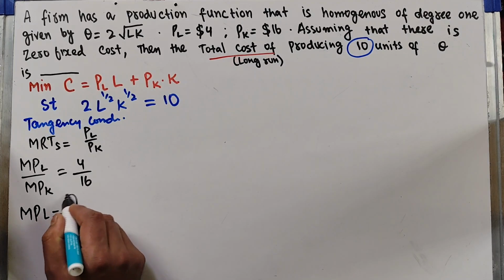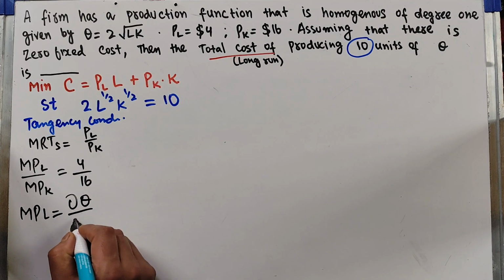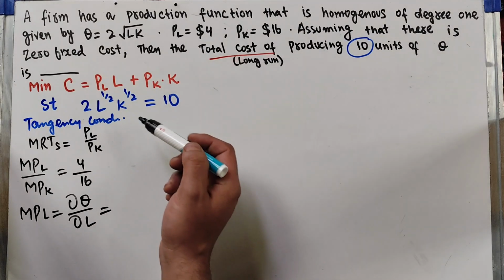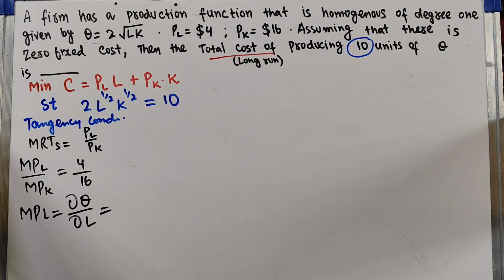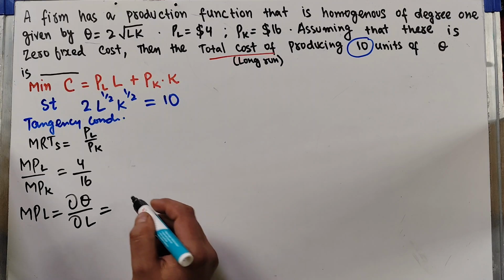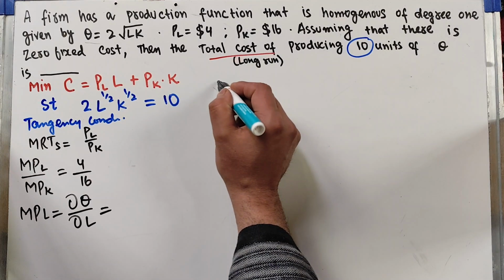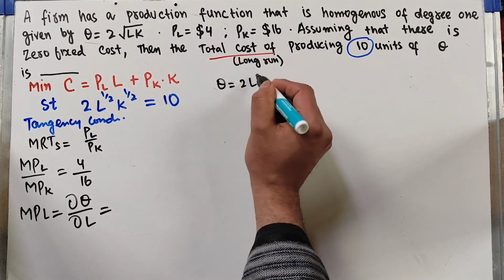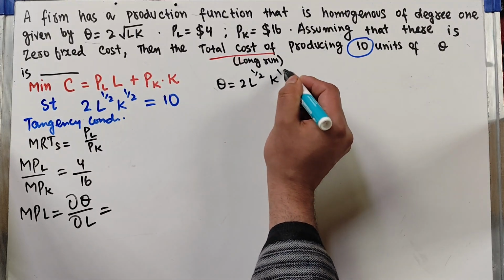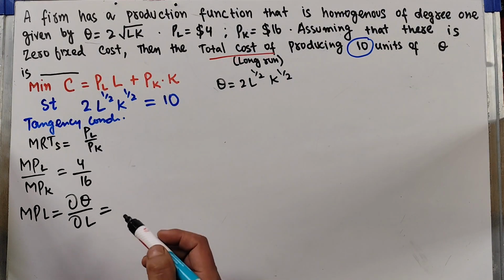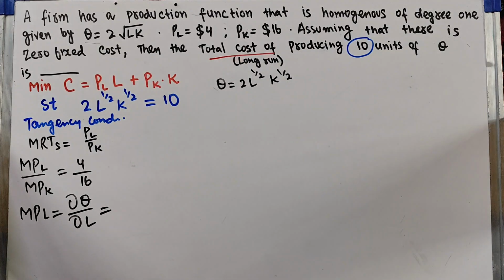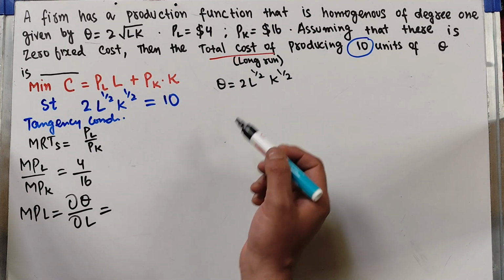MPL is simply the partial derivative of the production function with respect to labor. Given this production function, we can rewrite it as Q equals 2 L to the power 1 upon 2 K to the power 1 upon 2. For the sake of simplicity, in the derivative with respect to L, the exponent of L becomes coefficient.